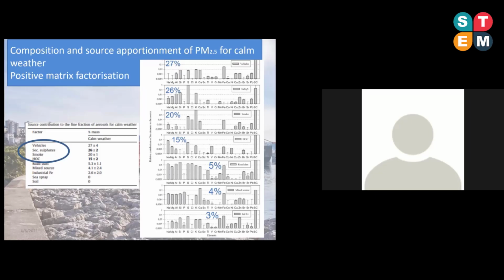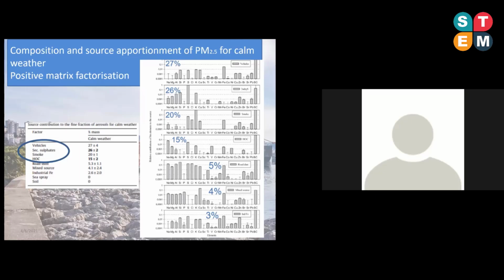As during calm periods air is typically warmer, the average contribution of secondary sulfates during low wind speed is found to be 26% as compared to the annual average of 18%.